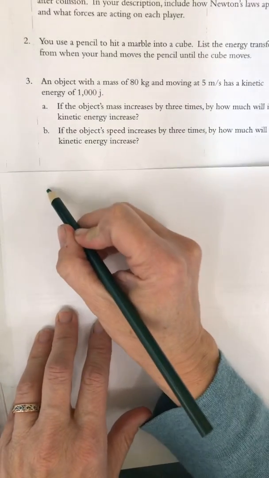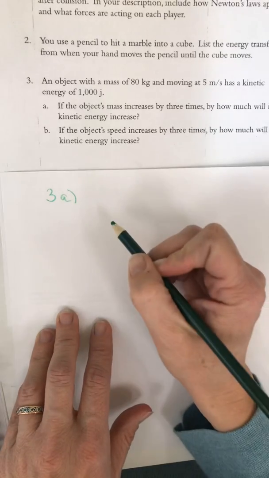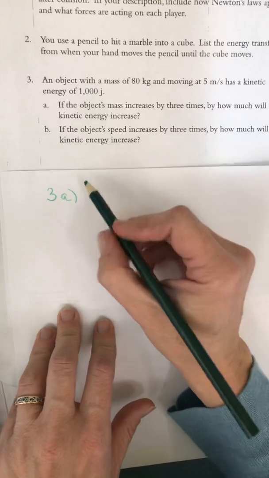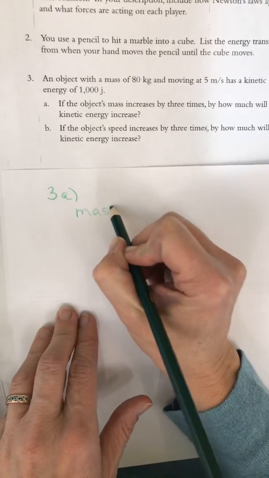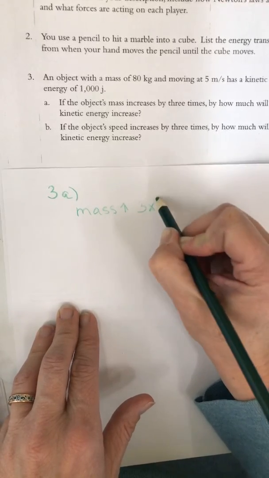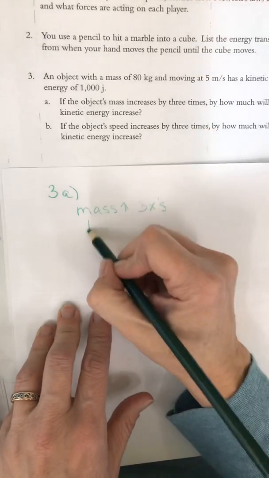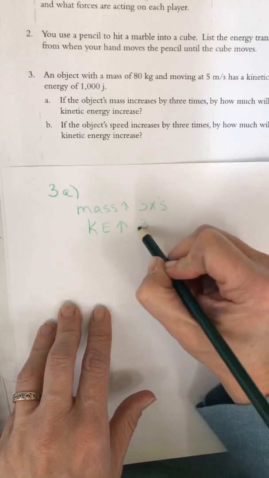So let's work on 3A first. If the object's mass increases by 3 times, then its kinetic energy will increase 3 times.